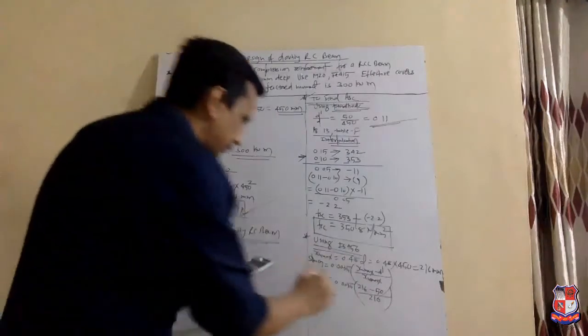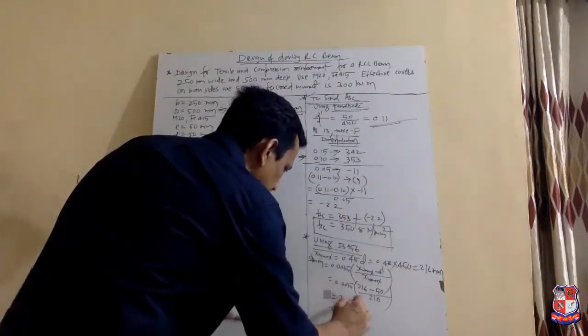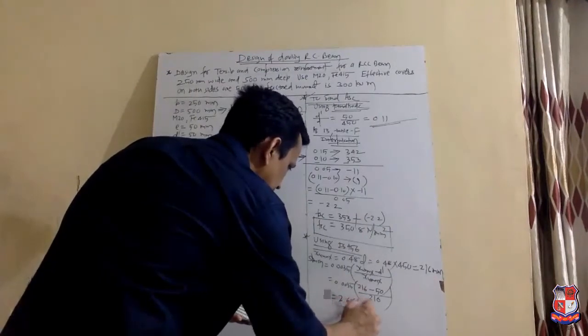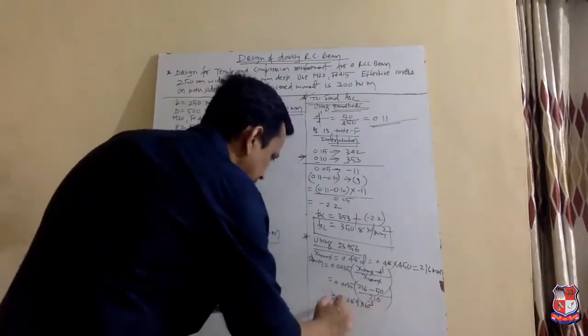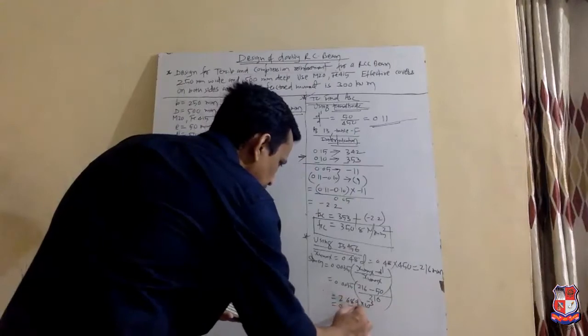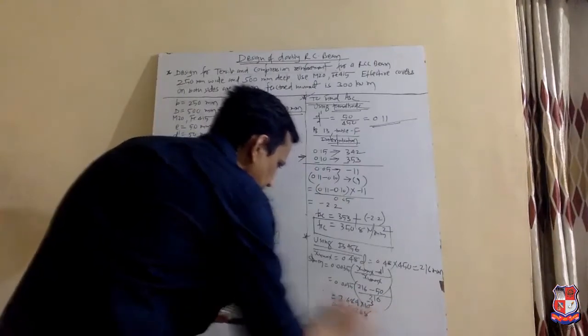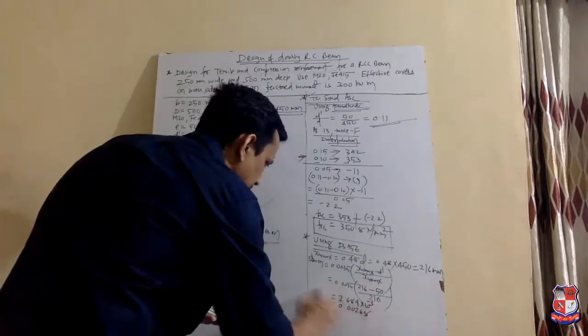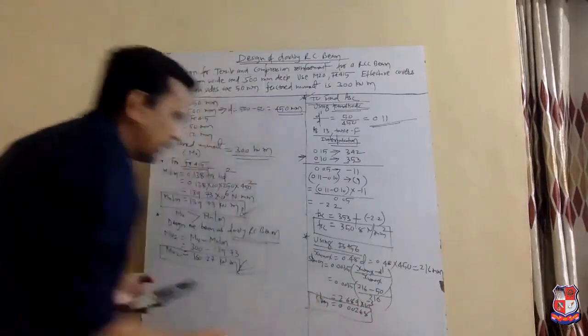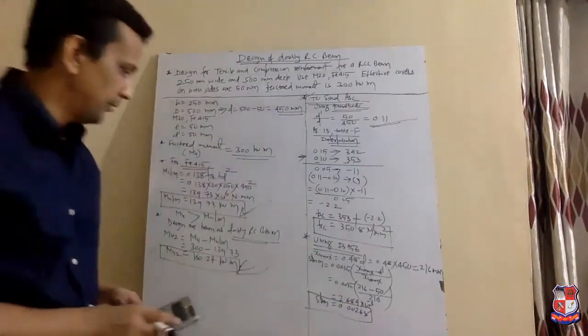So it comes 2.689 into 10 to the power minus 3. It means 0.00268. So this is the strain value, right?